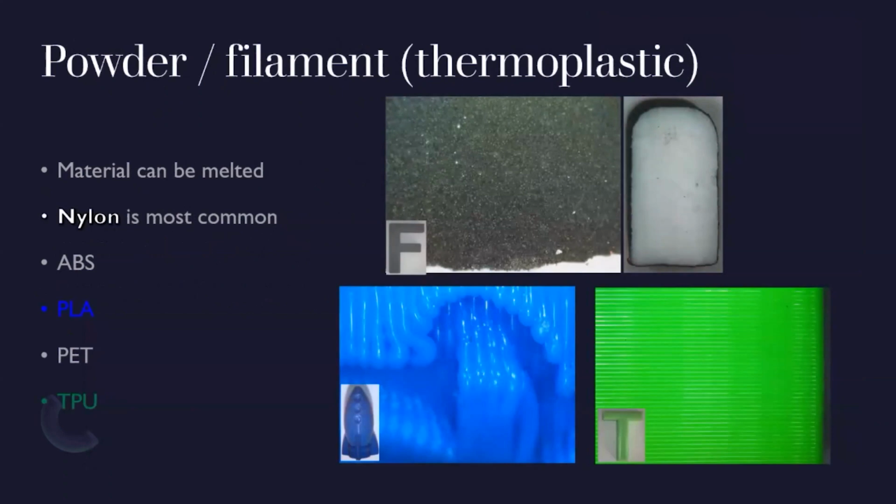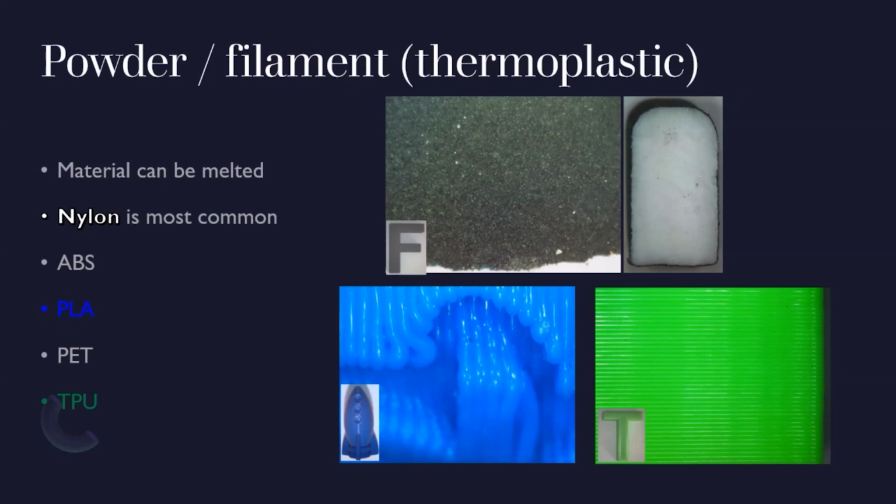Thermoplastic materials more commonly used are nylon, PLA, ABS, PET, and TPU, although there are countless others like polyethylene, polypropylene, ASA, polycarbonate, etc. Each material has its pros and cons in terms of how expensive they are, their mechanical properties, their long-term stability.